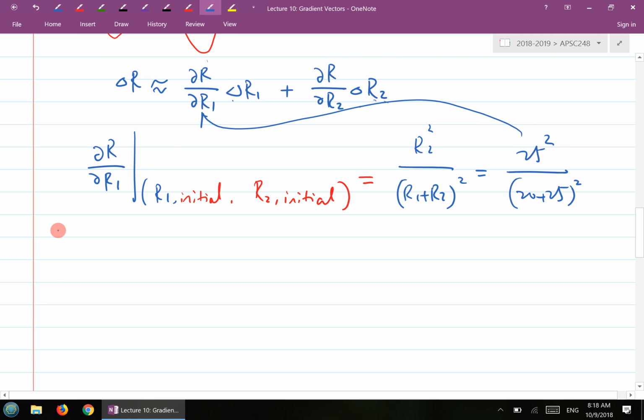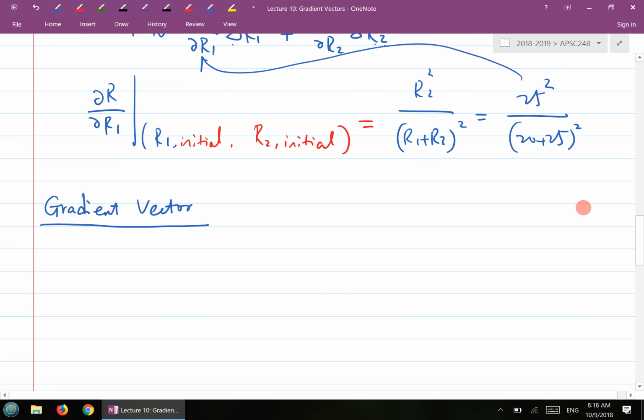All right, let's continue on the new topic now: the gradient vector. This is not part of the midterm. Let's look at what the gradient vector is and where it comes from, what the definition is.